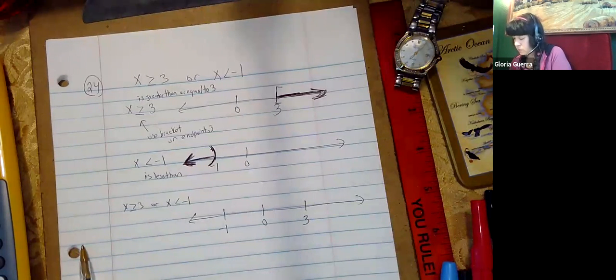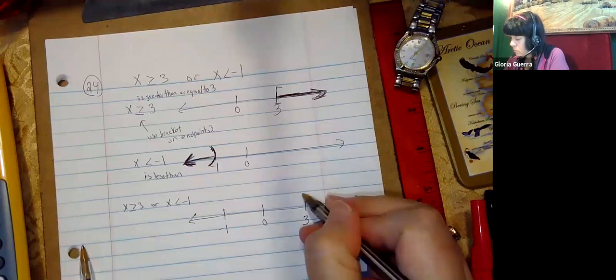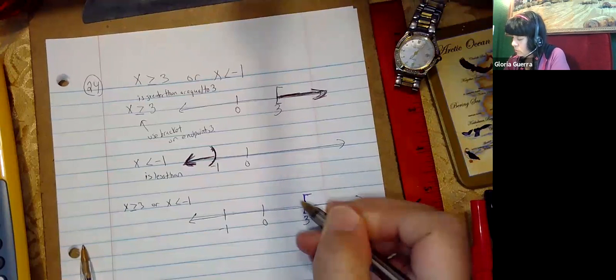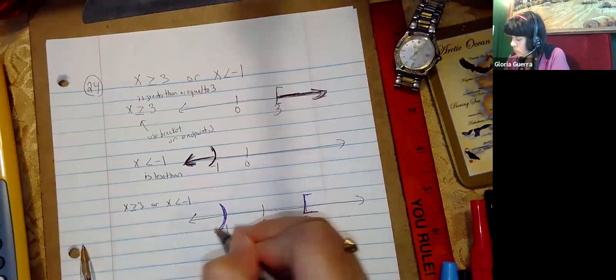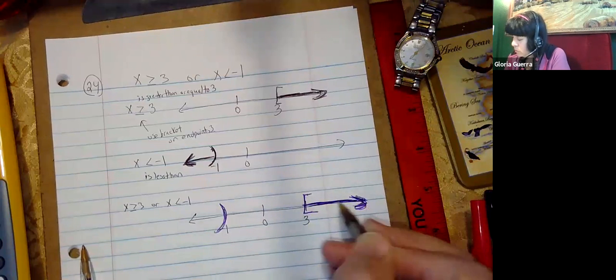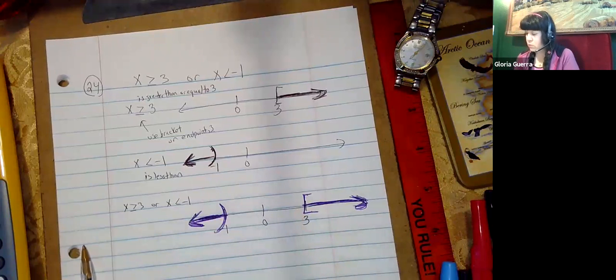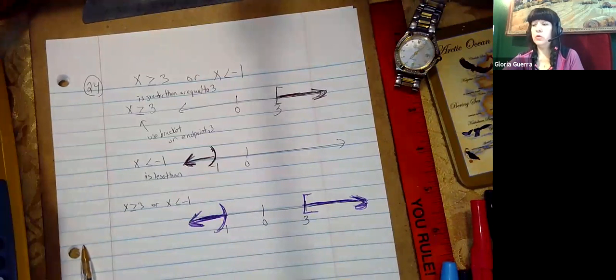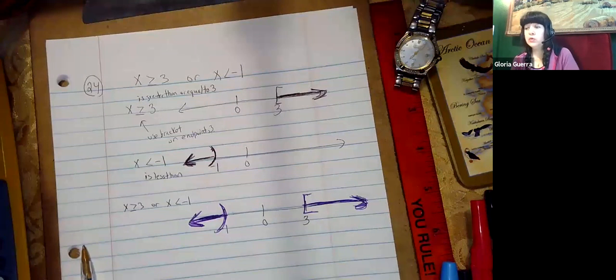Let's see. So you want to look for that answer choice that reflects that. Oh, and then they also do want an interval notation.